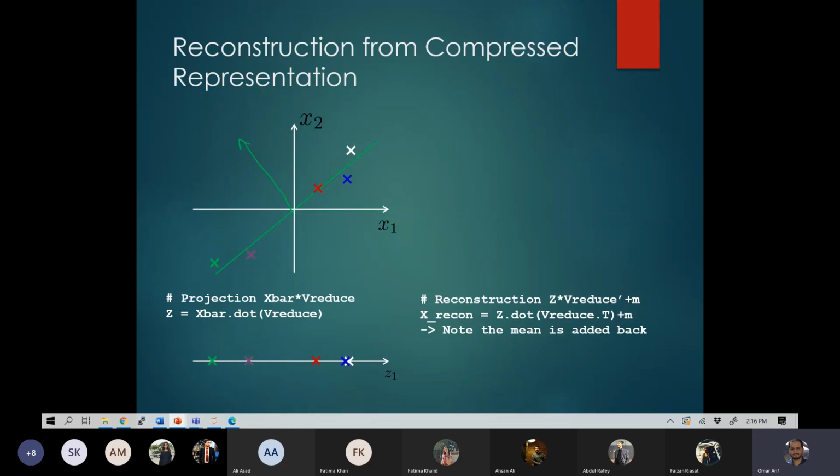If you only want to keep the first one, which is along this direction, then this equation is going to give you that projection. And what is that projection? These are the values or the distances from the origin of these points. For example, for this data set, it is going to give you what is this value, what is this value for this data point, and what is this value. Okay, because we need only one axis, you are going to get all these four values.